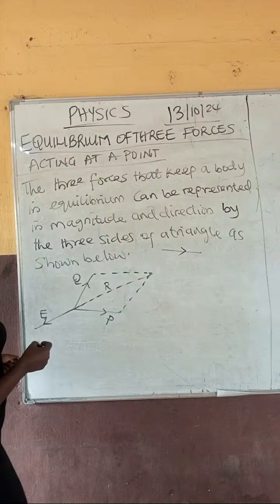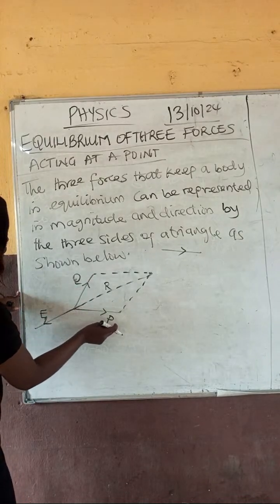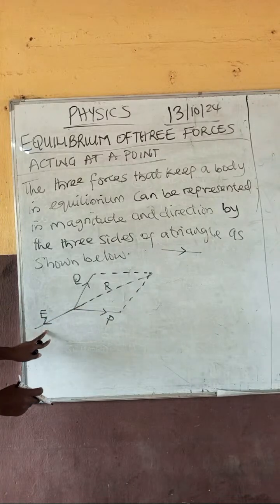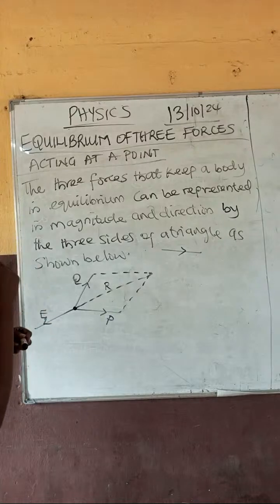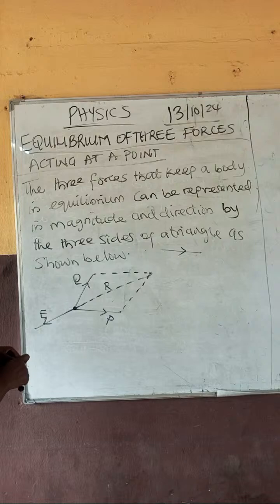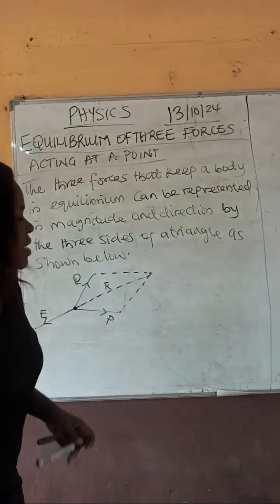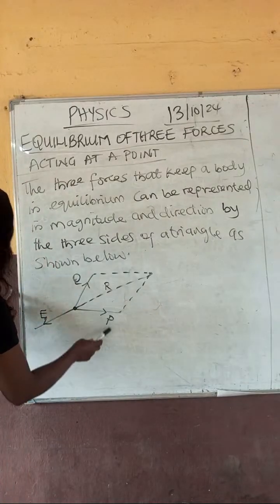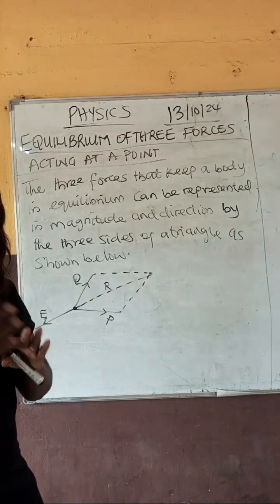Now, looking at this, this vector Q, vector P, vector E, they are acting at what? At a point. Okay? They can be represented in magnitude and direction by the three sides of a triangle as shown below. What do we mean by that? It means that these vectors Q, P, and E, you can use them and form a triangle.